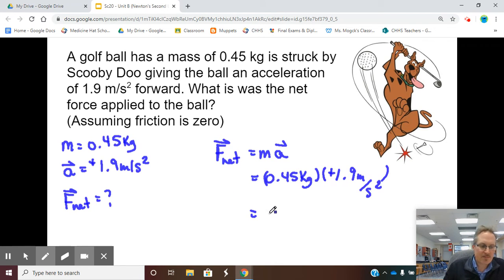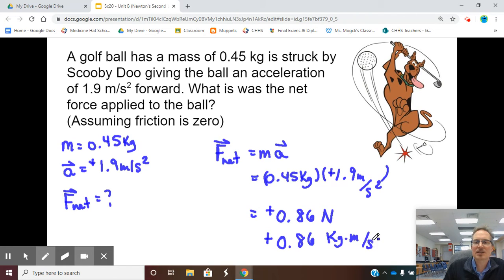And my force net is going to be positive 0.86 newtons. Again, you can put it in newtons because it's a force, or you can keep the units that you have here, and you could have positive 0.86 kilogram dot meters per second squared. Either units would work for this.